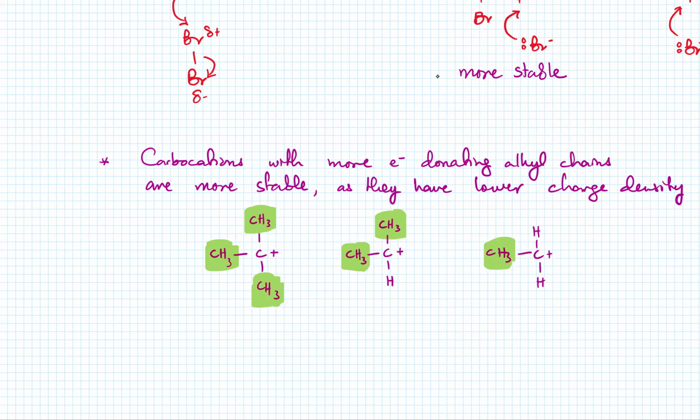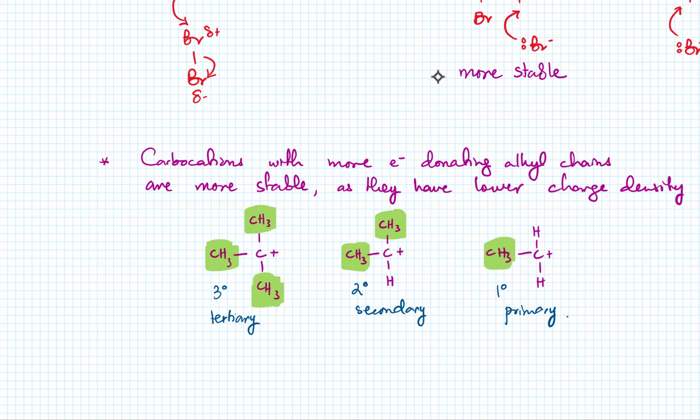The way they're described is this is a 3-degree carbocation. This one is a 2-degree carbocation. It's got two alkyl groups attached to it. And this one is a 1-degree carbocation. Or primary, secondary, or tertiary carbocation. This one is a tertiary carbocation. This one over here is my secondary, and that over there is my primary.